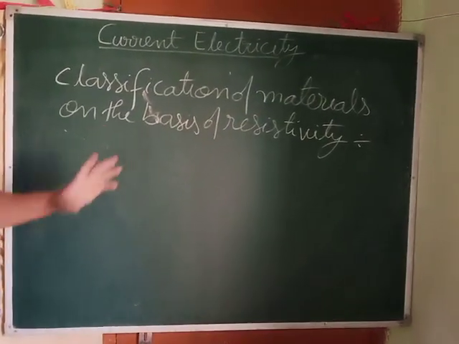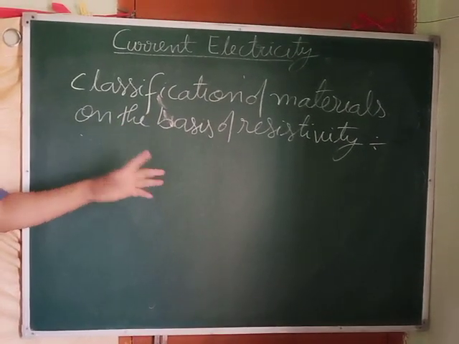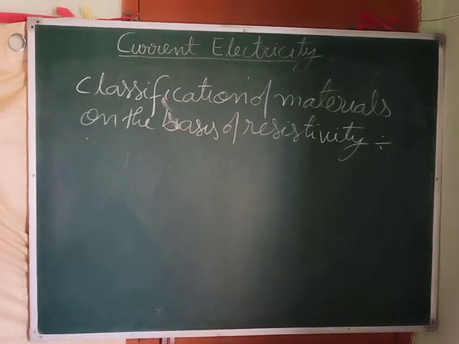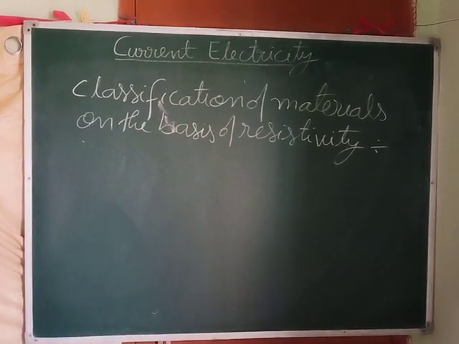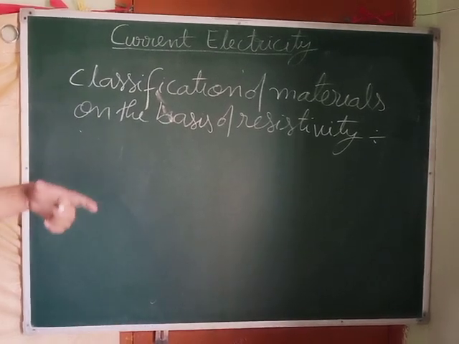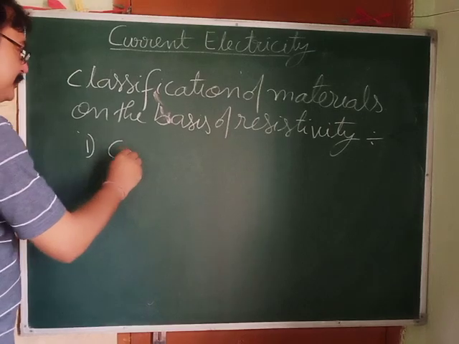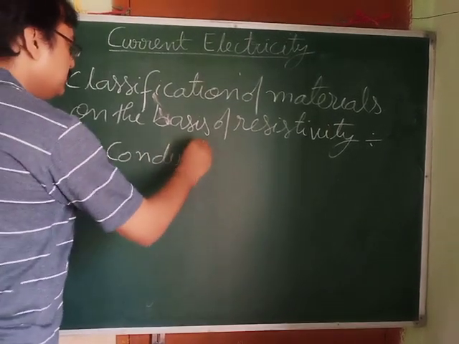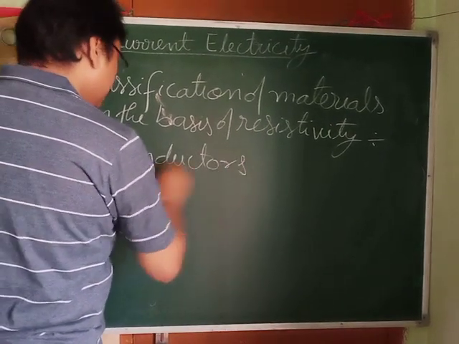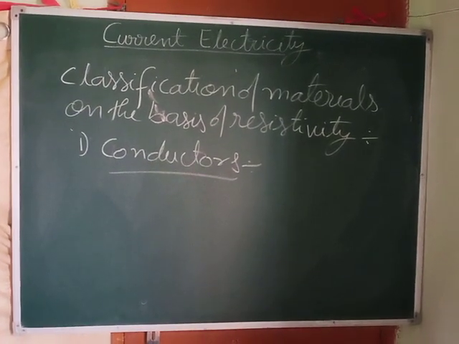Our next topic is classification of materials on the basis of resistivity. We divide the materials into 3 categories: conductors, insulators and semiconductors. First is conductors. What are conductors? Start writing.